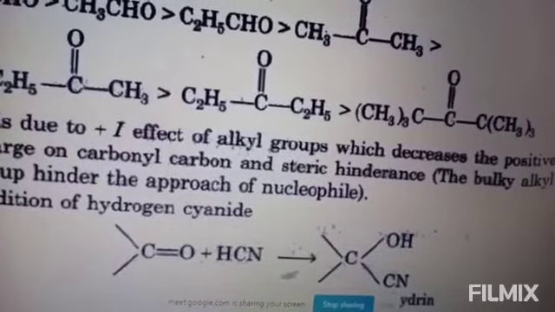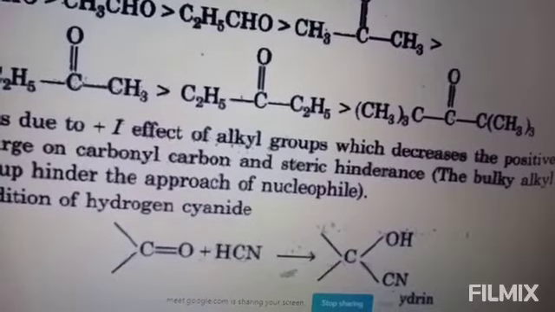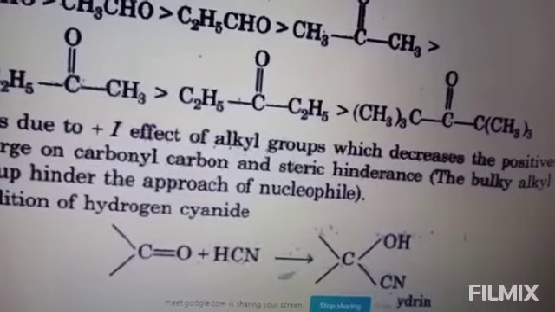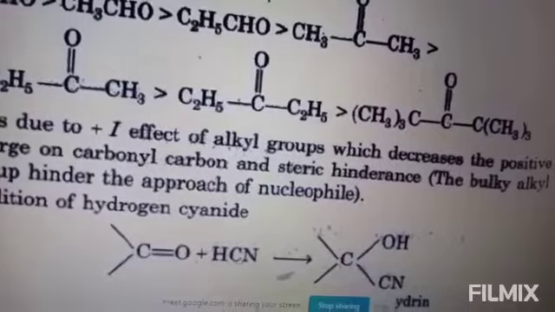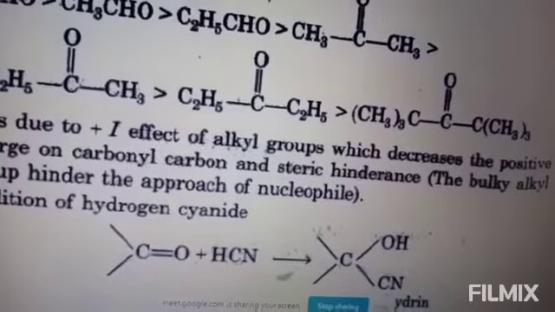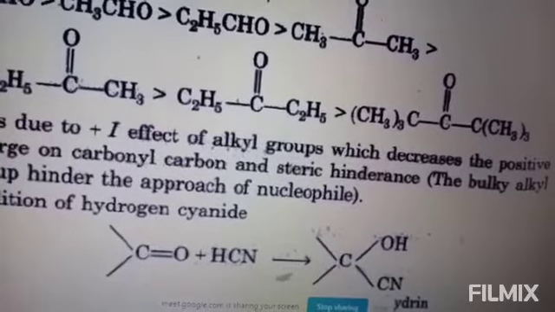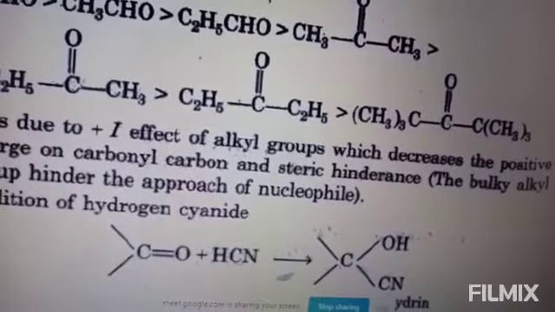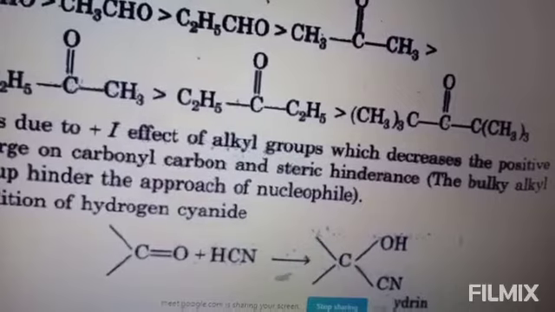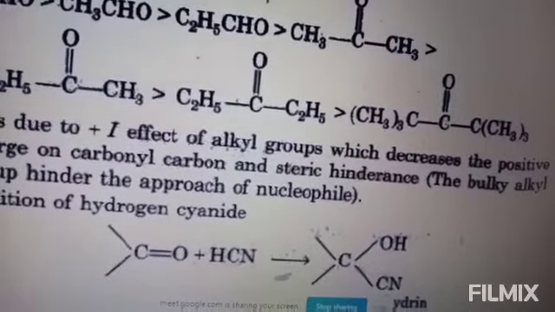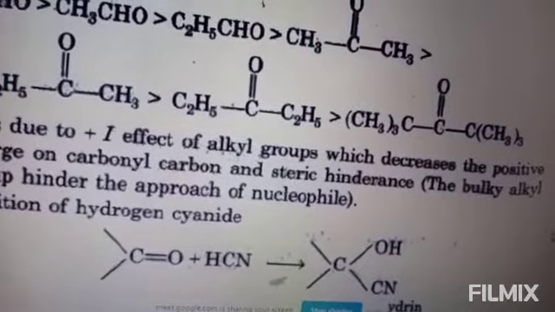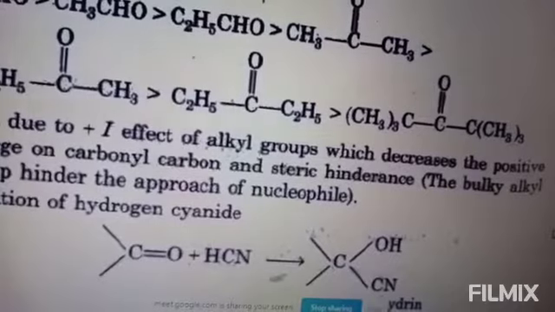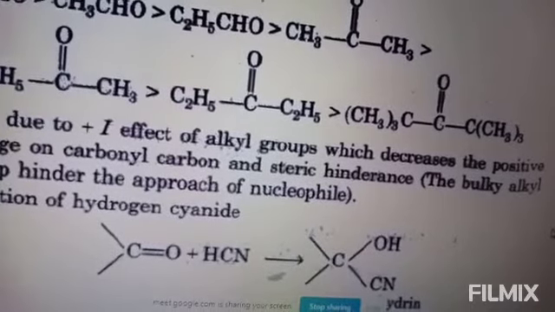The hybridization of the carbon changes from sp2 to sp3 in this process and forms a tetrahedral alkoxide intermediate. And this intermediate captures a proton from the reaction medium to give the electrically neutral product. And the net reaction is the addition of nucleophile and H plus across the carbon-oxygen double bond. This is what we have.